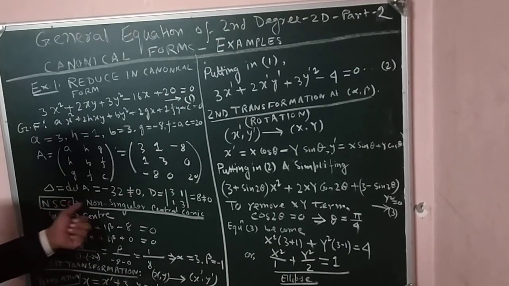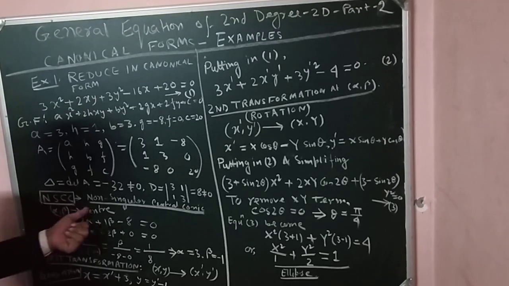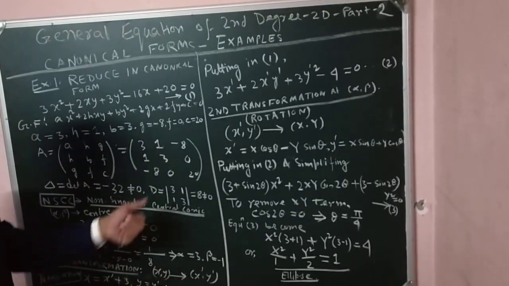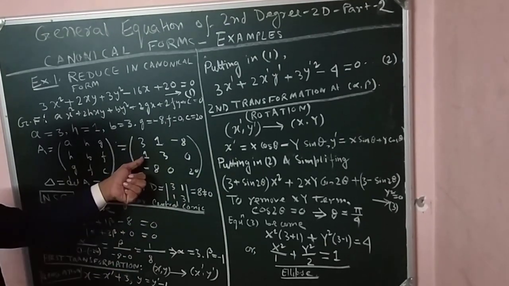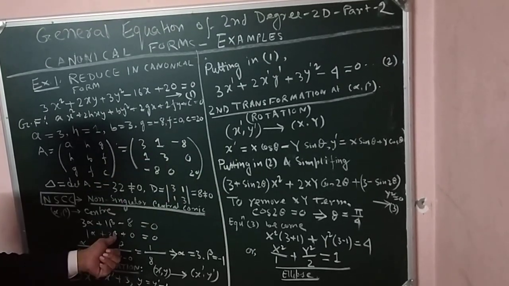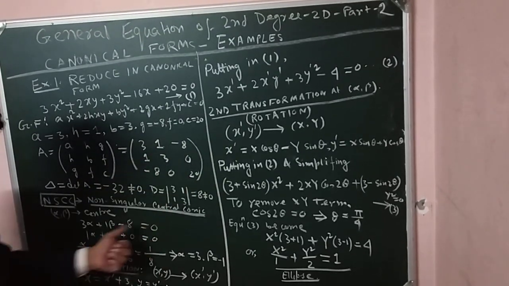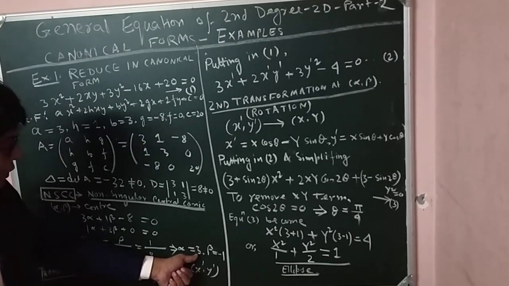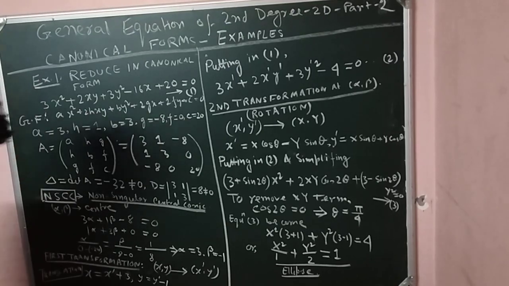Since it is a central conic, we find alpha beta as the center. The center can be obtained from 3 alpha plus 1 beta minus 8 equal to 0, 1 alpha plus 3 beta plus 0 equal to 0. By cross multiplication, we obtain alpha equal to 3, beta equal to minus 1.